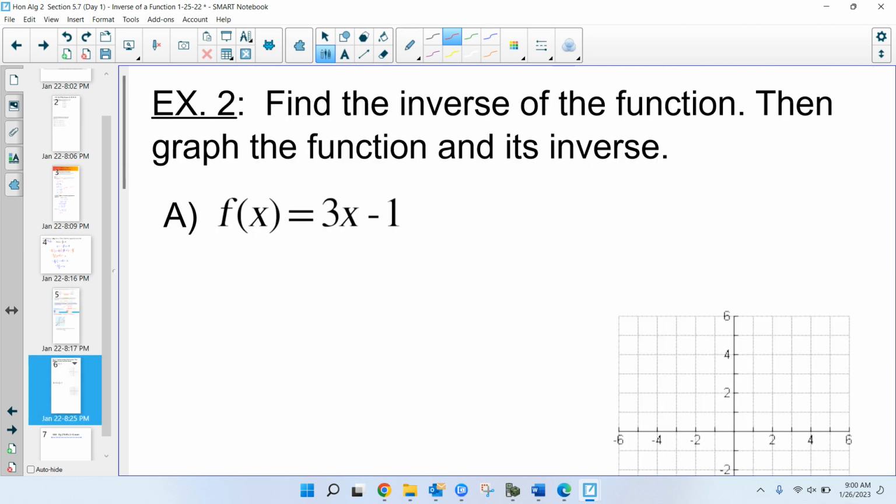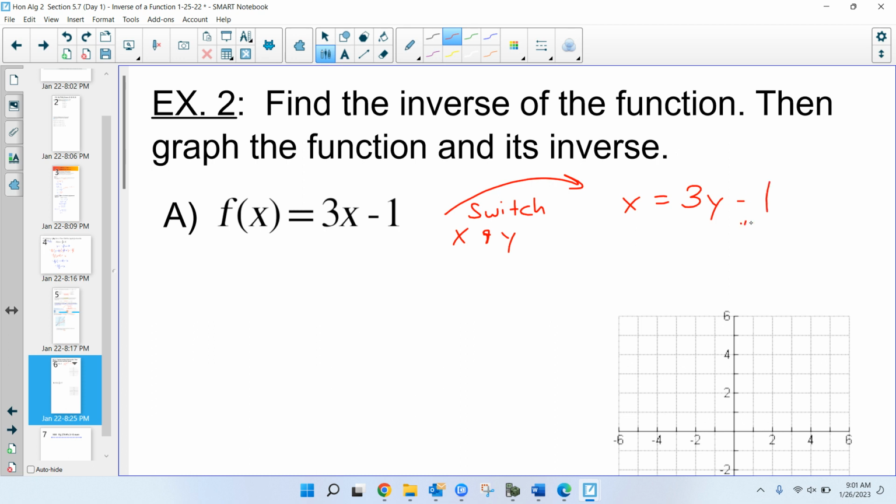Here we go. Find the inverse. To find the inverse, we're going to switch x and y. So it's going to be x equals 3y minus 1.